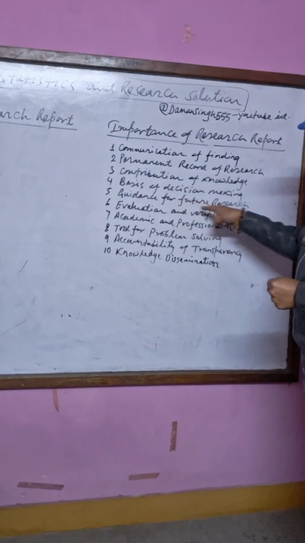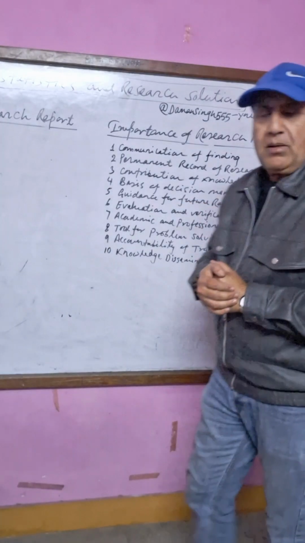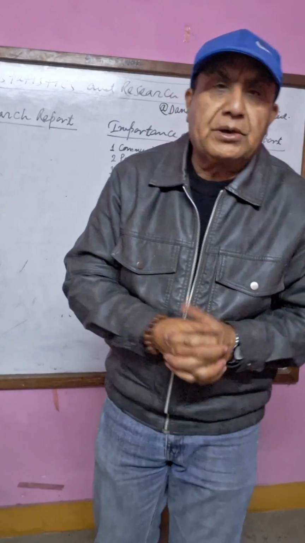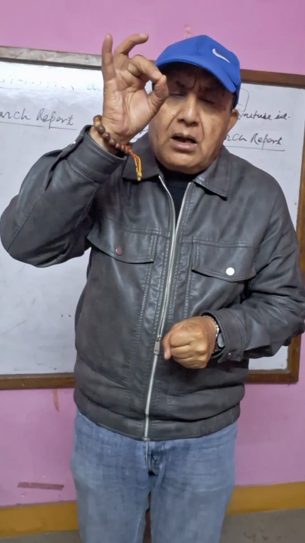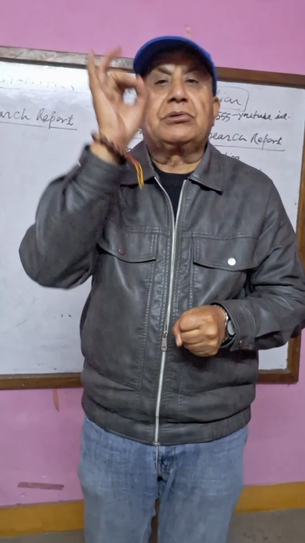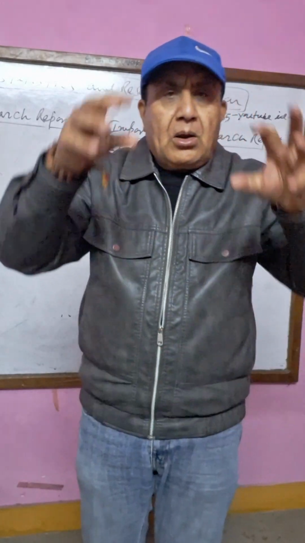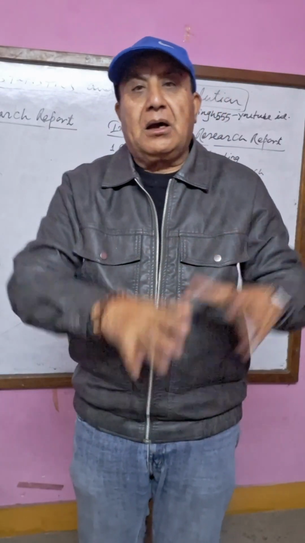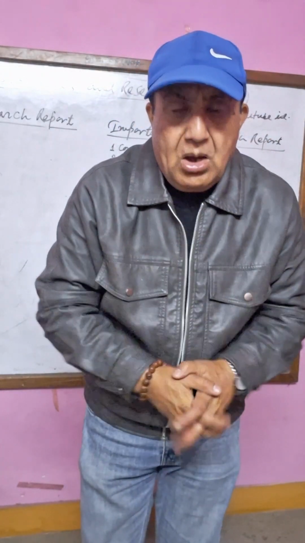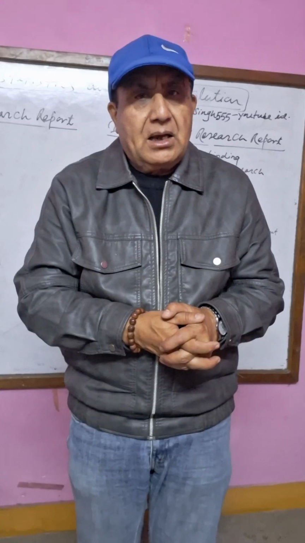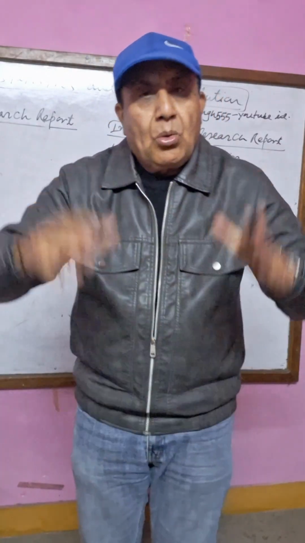And guidelines for future research. In a research report, recommendations for future research are also written. And what are the limitations of that research work? What that researcher did not conduct, what limitations he or she has?